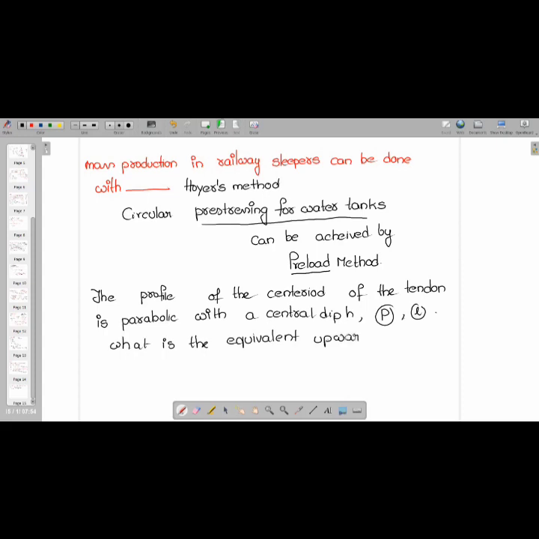What is the equivalent upward acting uniform load?